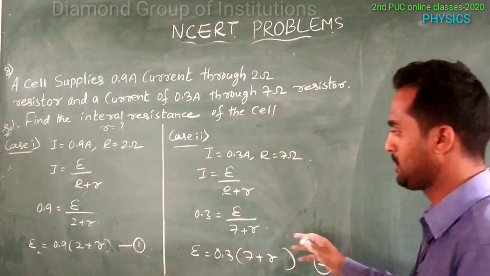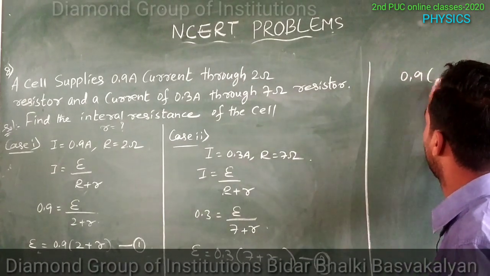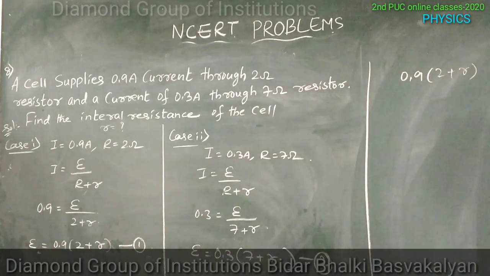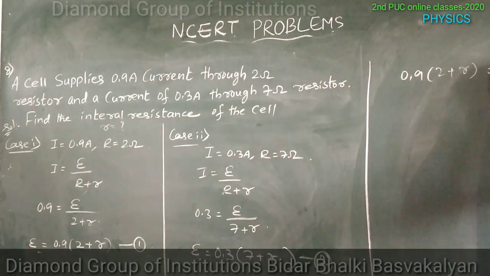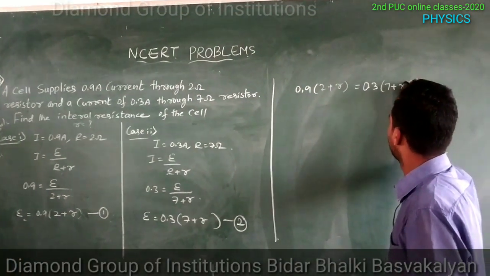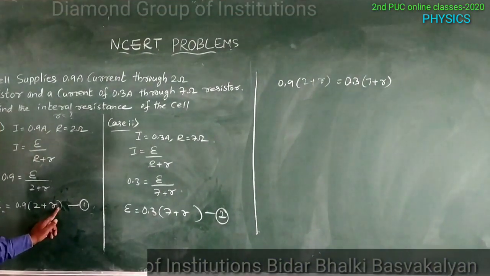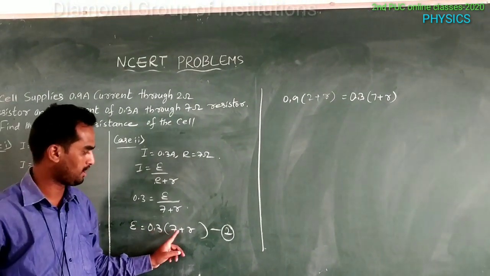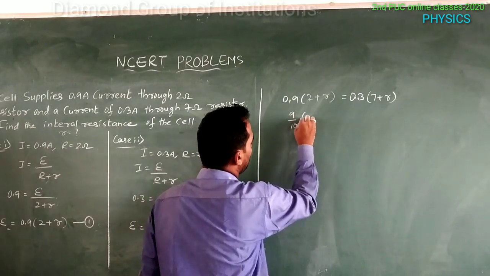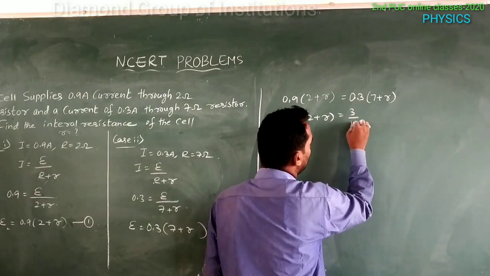If you equate the right sides of these two equations, we get 0.9 into (2 plus r) equal to 0.3 into (7 plus r). So we can write 0.9 as 9 by 10 and 0.3 as 3 by 10.